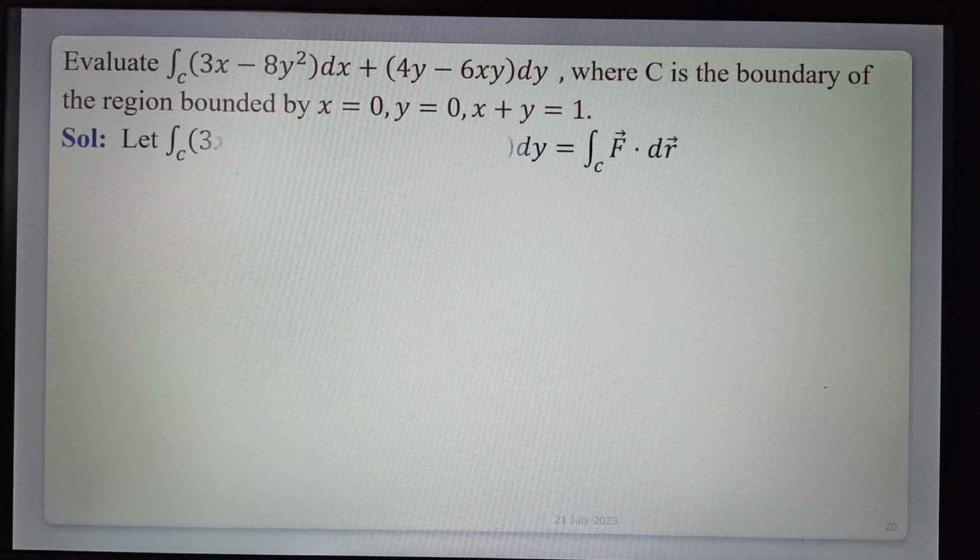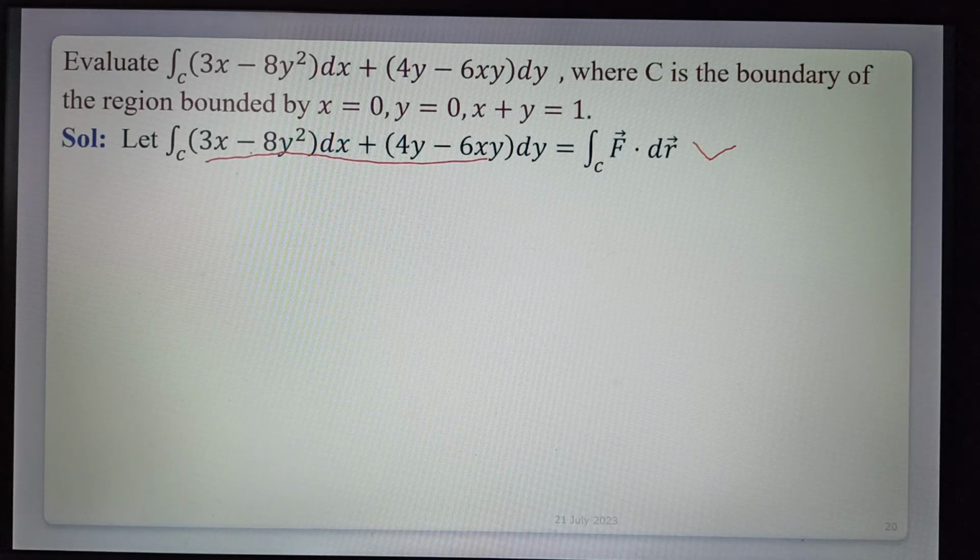So see this, this is the given vector field. The integration over C of (3x minus 8y square) dx plus (4y minus 6xy) dy is equal to the integration of f bar dot dr bar, and this is a scalar.